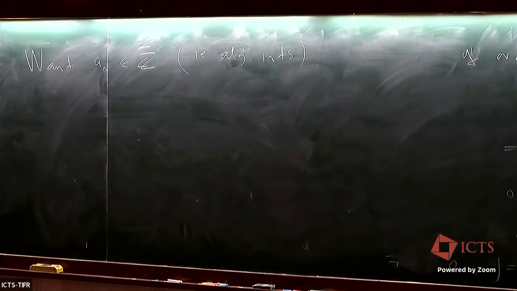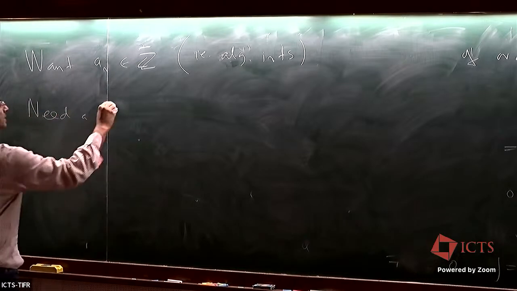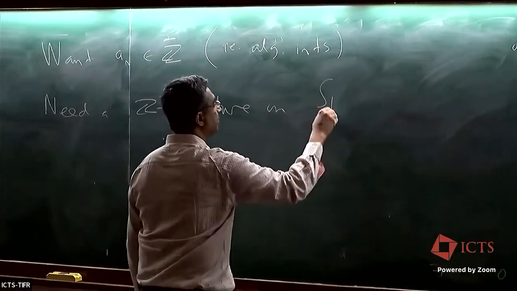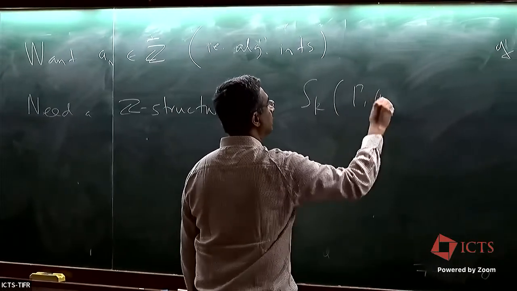So what we need is a Z-structure on S_k(Gamma_1(N)).